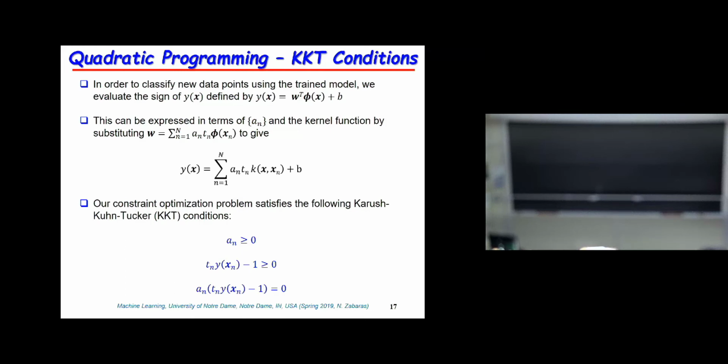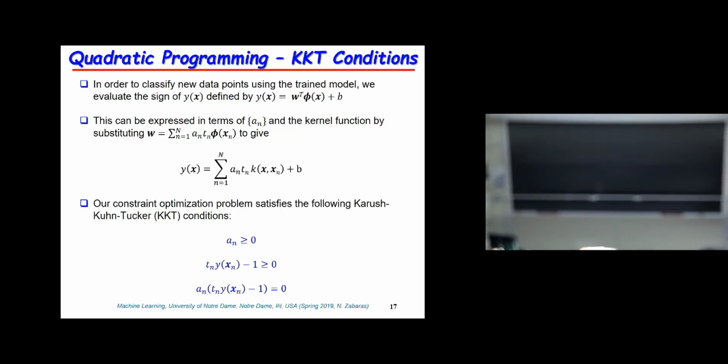All right, so the ones where alpha_n is not equal to 0. So if alpha_n is not equal to 0, what has to be equal to 0? t_n y of x_n minus 1 equals 0, so t_n y of x_n equals 1. And you remember which points satisfy that t_n times y of x_n equals 1?